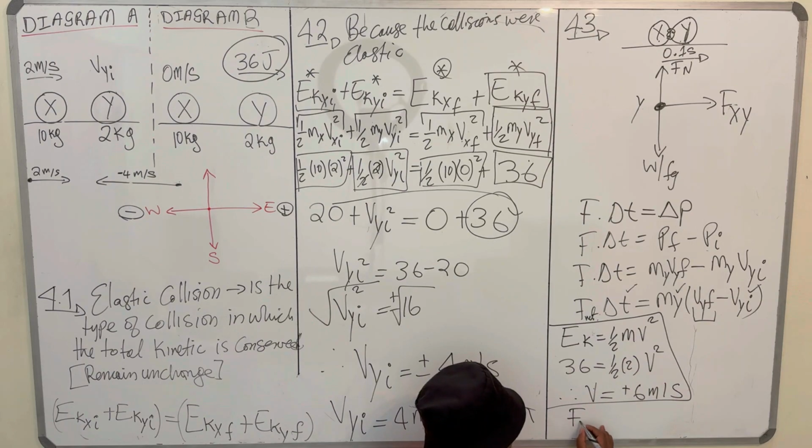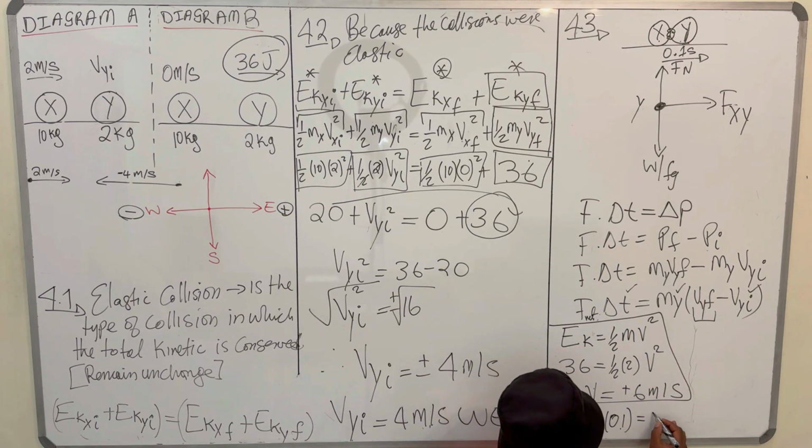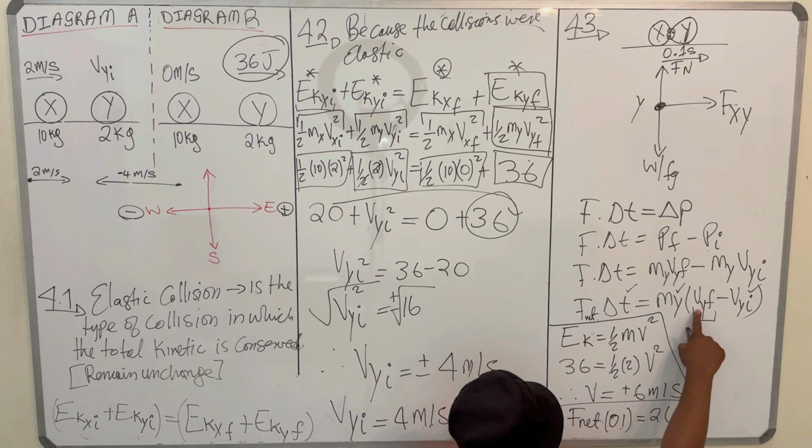Then you substitute these now. So F net times 0.1 is equal to m. What is the m of y? It is 2 kg, times the final velocity of ball y.